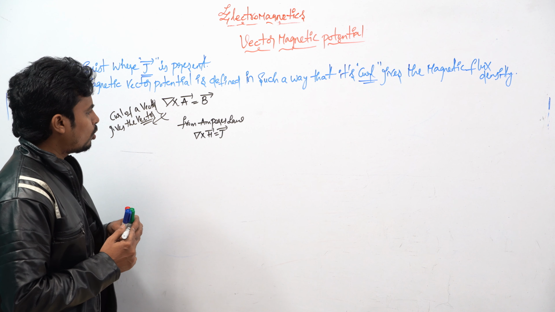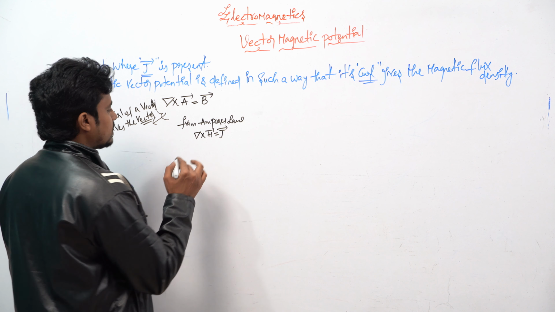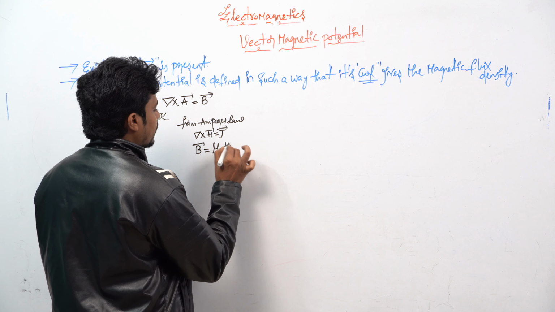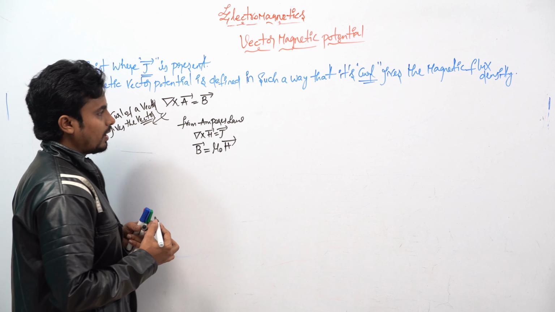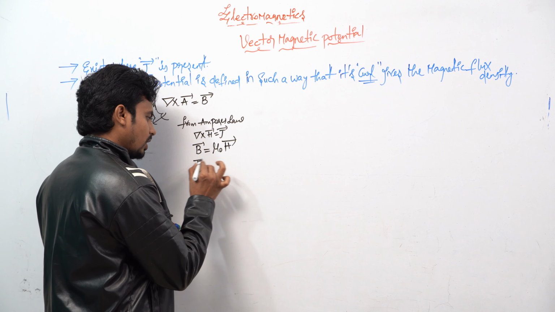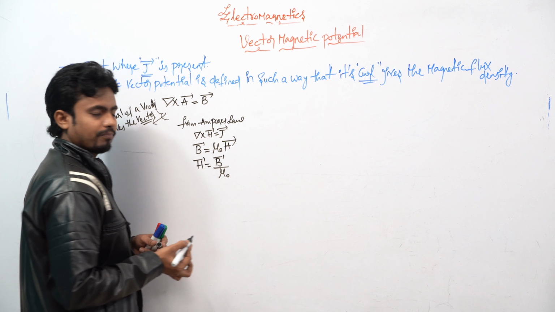Okay. Now, what will happen to the magnetic flux density? The general formula is B bar equals mu naught into H bar, right? Suppose you want to consider H bar, how can you write it? It is B bar divided by mu naught.